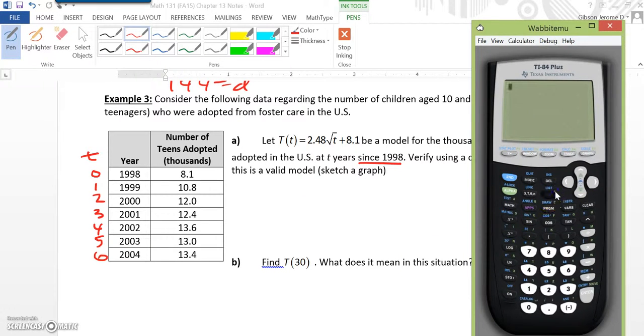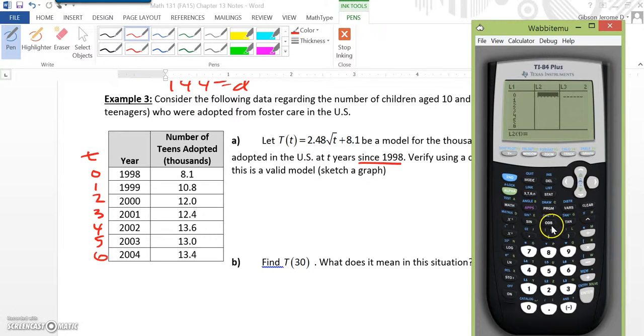Now in the calculator, we know we'll go to Stat, press Enter, and we need to clear out all of what we may have in the calculator. Okay, so now our L1 would be 0, enter, 1, enter, 2, enter, 3, enter, 4, enter, 5, enter, and 6, enter.